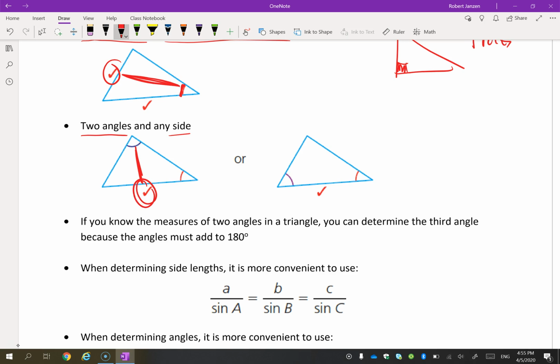And if you look at this one, here's our side, we don't have this angle. Except you actually do, because in this case, you're given these two angles. You could find this one by going 180 minus the two angles. So again, then you would have the side and its opposite angle.